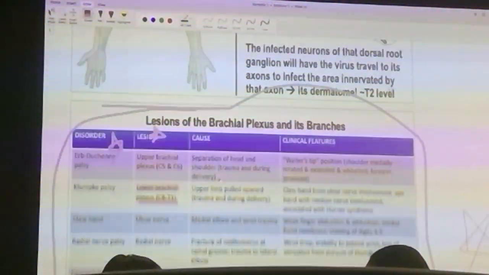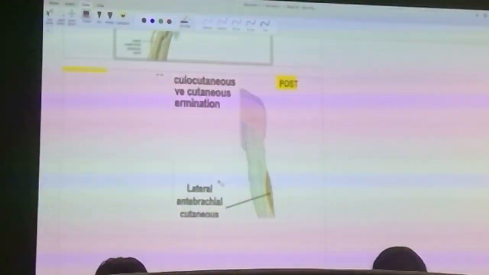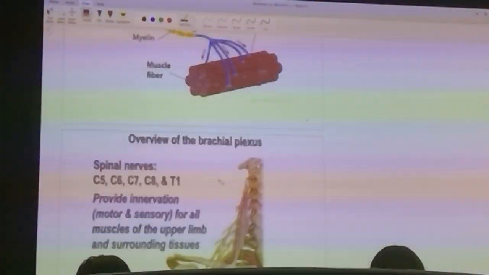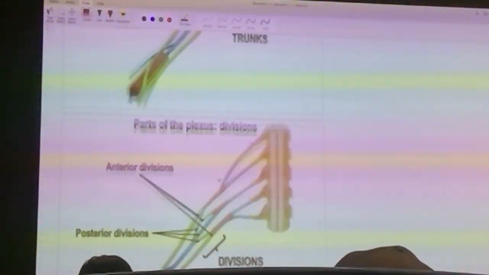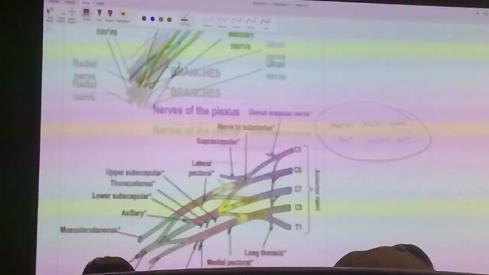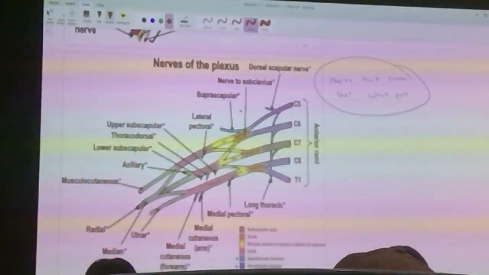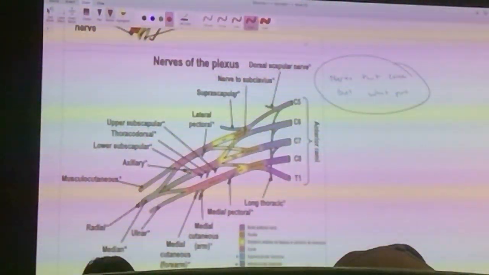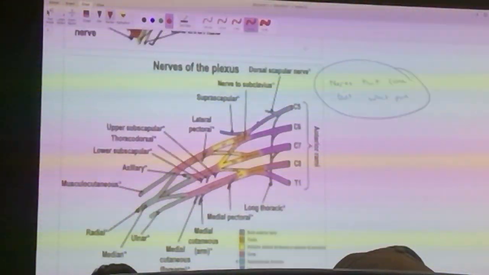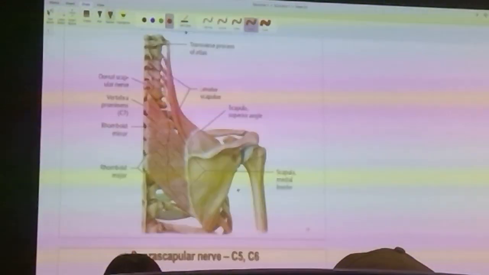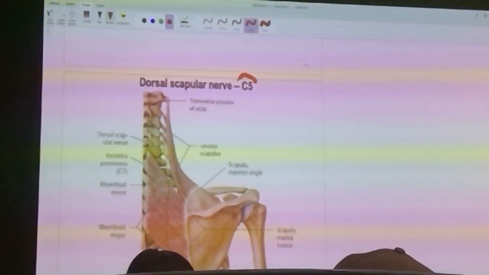So brachial plexus is next. Basically, in this entire lecture, you have to know what comes out of what in the brachial plexus. That's the first thing you start off with. After that, you also have to know the roots for each one.